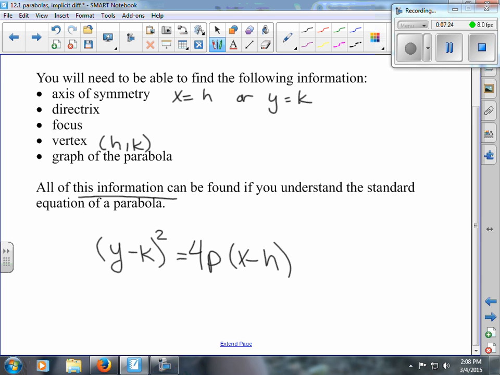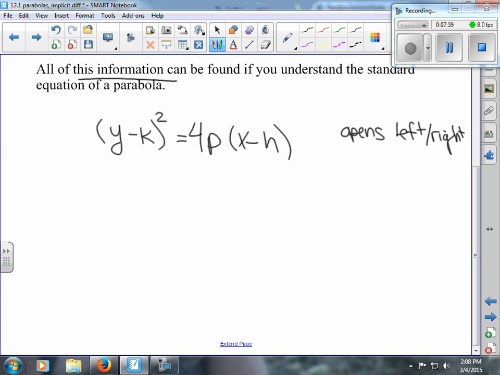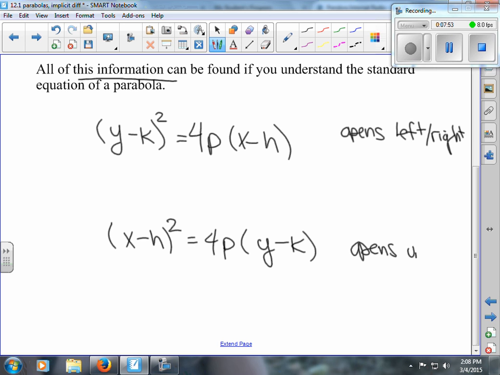And this would be an equation of a parabola that opens left or right. Or you could have a parabola that opens up or down, and in that case you have the x squared. And so here we would have (x minus h) squared equals 4p times (y minus k). And so this one opens either up or down.